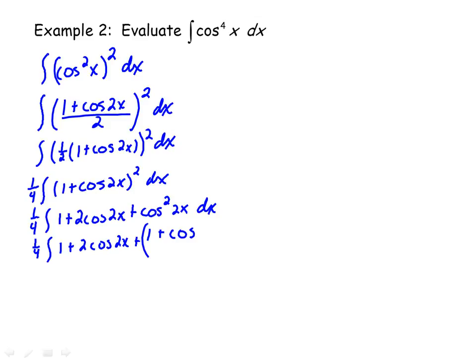If cosine squared x is 1 plus cosine 2x over 2, what do you think cosine squared 2x is? What are you doing with the angle? 4x over, it's still going to be 2. 4x over 2.